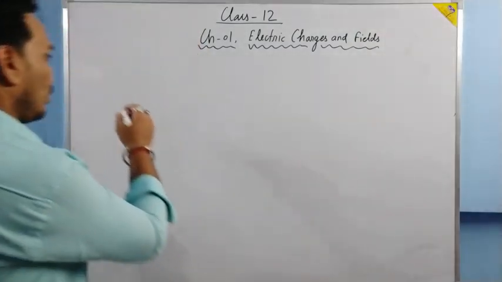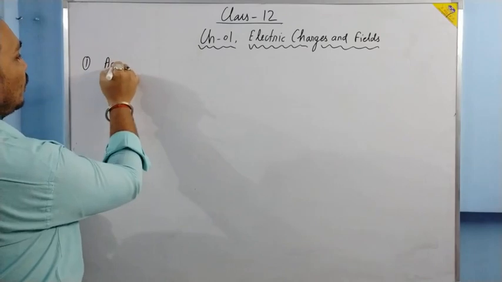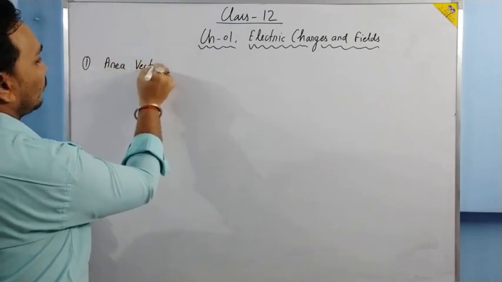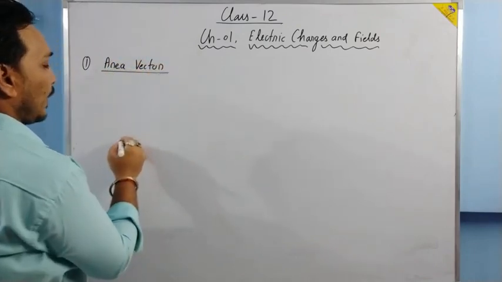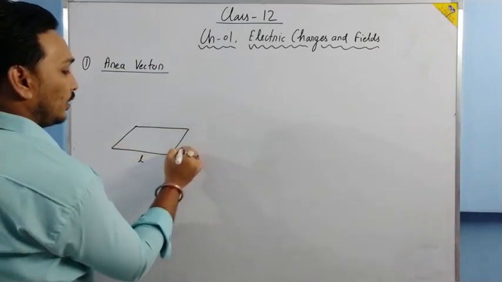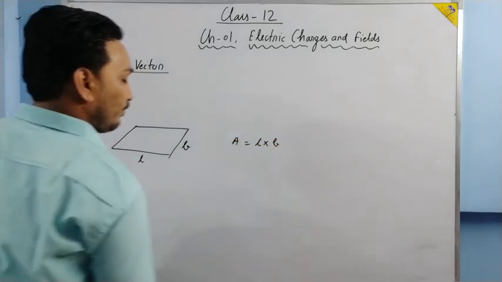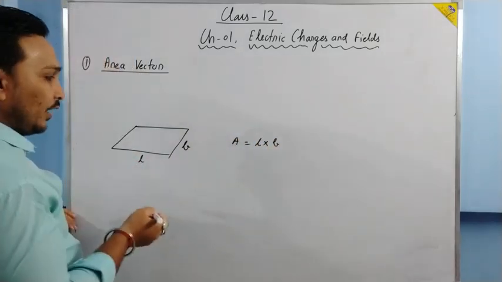For understanding Gauss law, we have understood the very first thing, which is area vector. What is that? Suppose a surface is there, its length is L, its breadth is B, then obviously its area is going to be L into B. But what is area vector?